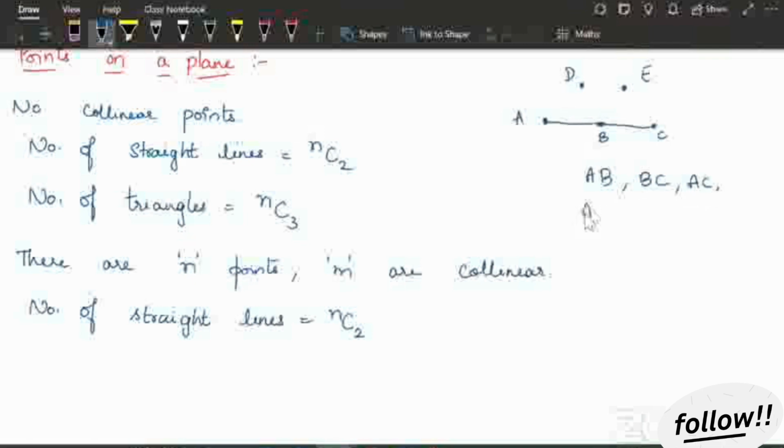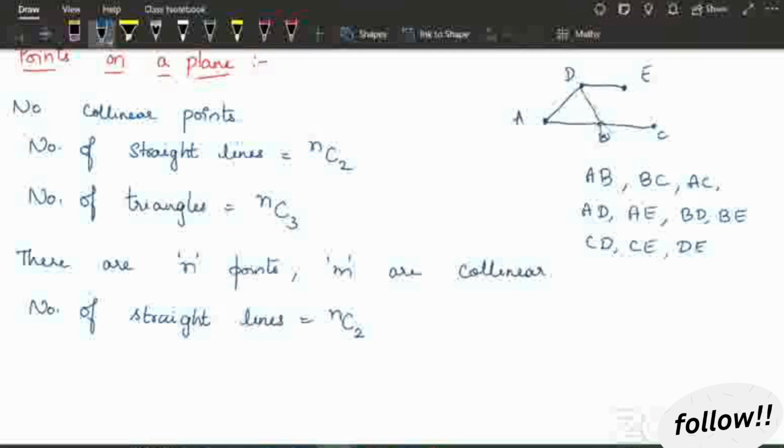And then, of course, we have AD, AE, then BD, BE, and then CD, CE, and DE, which I had not written.